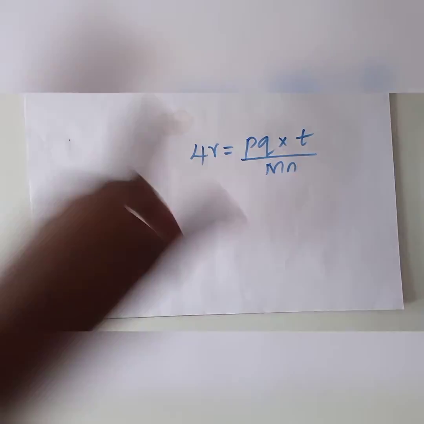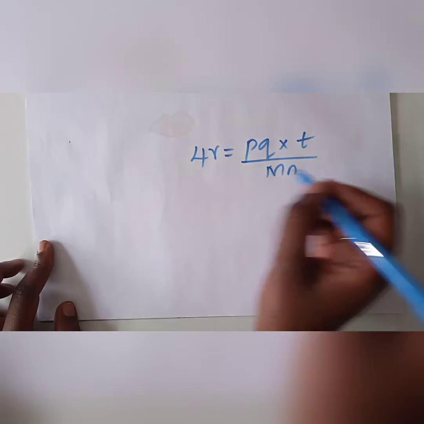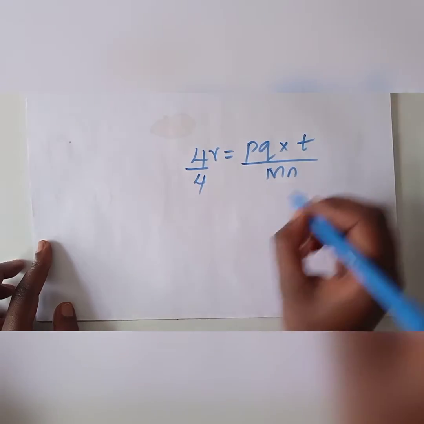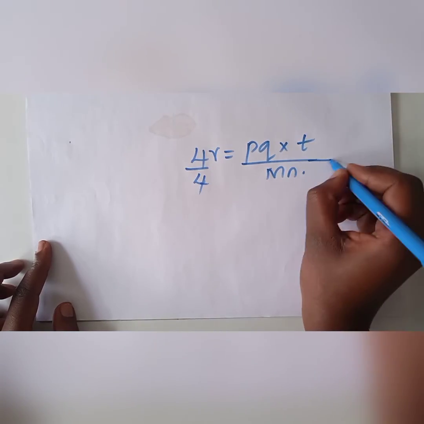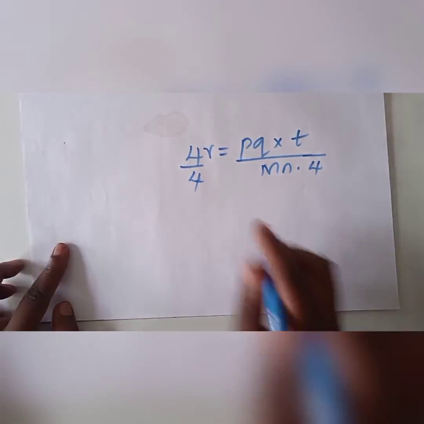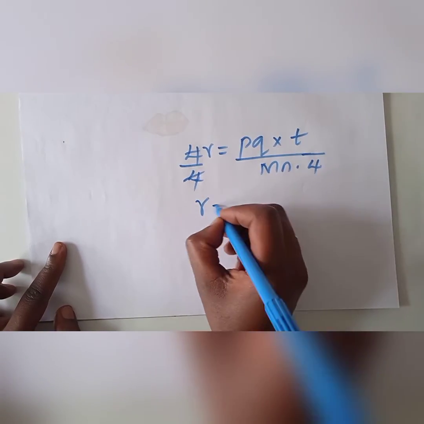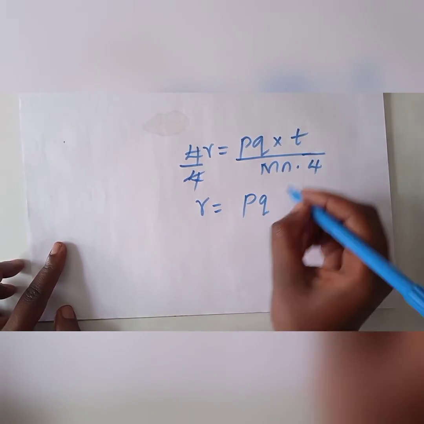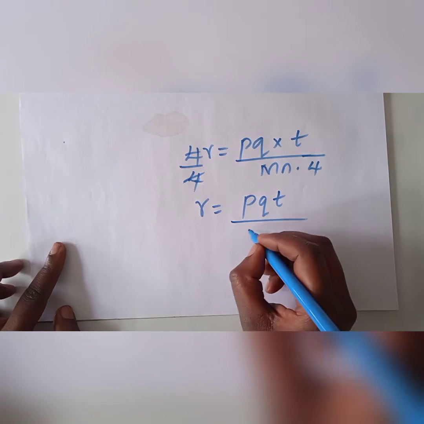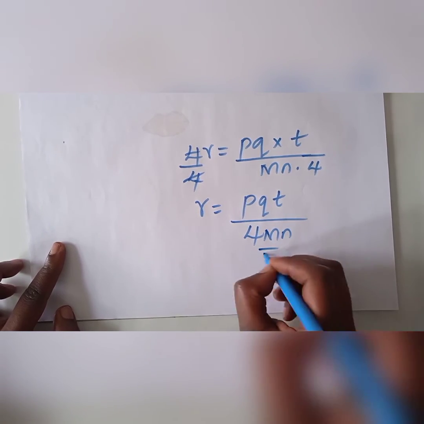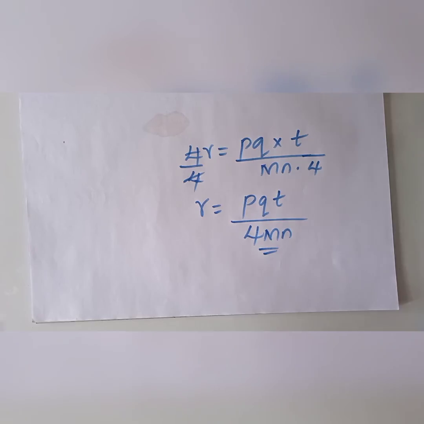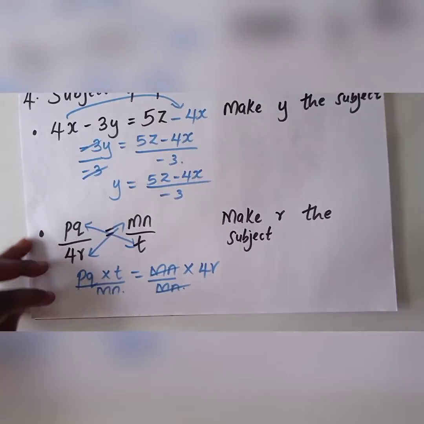Okay, so we're making R the subject. Get rid of the 4, divide both sides by 4. Okay, so that one goes, and you're left with R equals to PQT over 4MN. And that's how you do your subject of the formula.